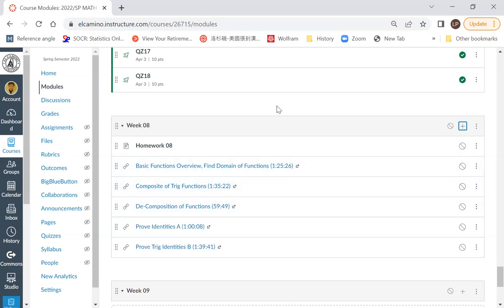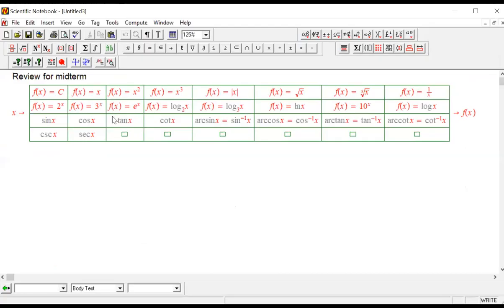So let's go back to these functions. What about these functions?